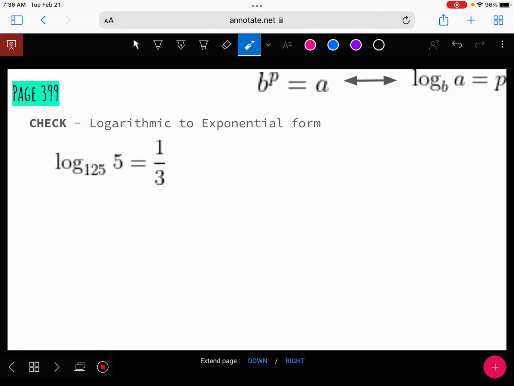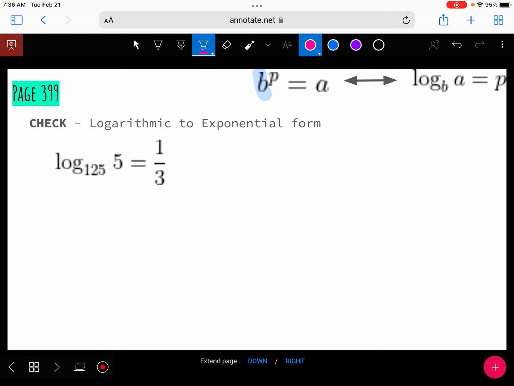Okay. So I want you to try the check at the bottom. Try it. See, you can do it. Log base 125 of 5 is 1/3. Use the same thing. I've still got our little formula up here.